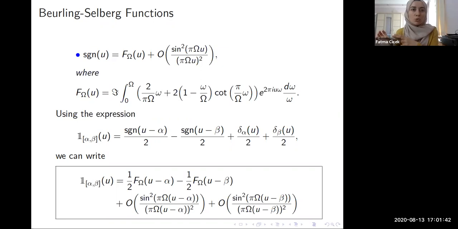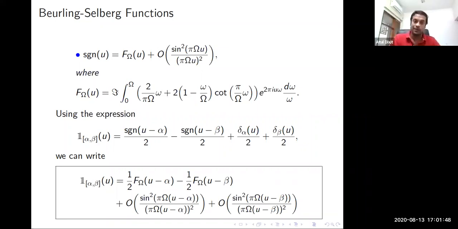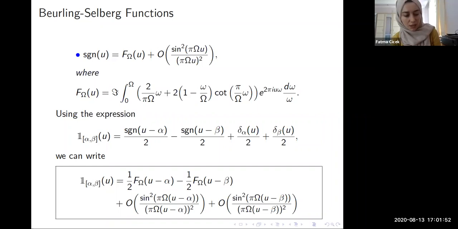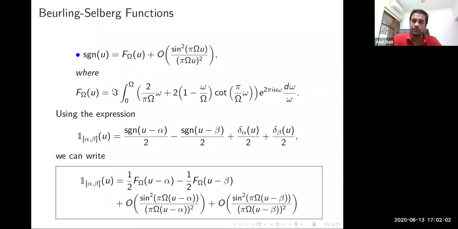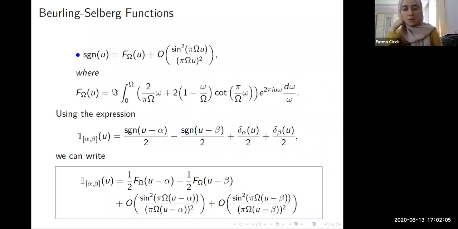But I don't know how Beurling obtained these functions. This is in an article of Selberg in the collected works, on L-functions, volume 2. I think when he talks about the large sieve, he mentions these functions.